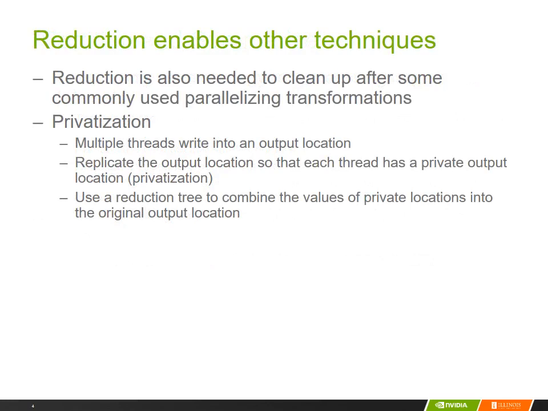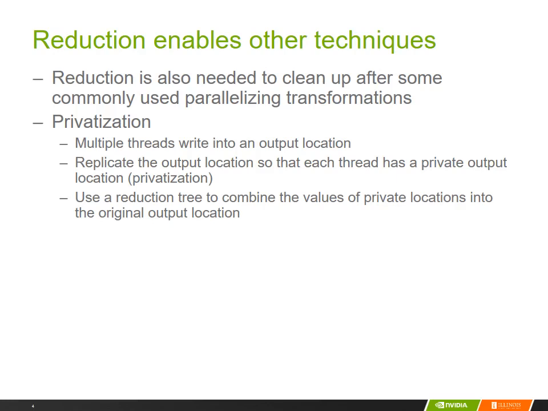Reduction is also used to enable other techniques. For example, we can use reduction to clean up after some commonly used parallelization transformations. A very good example is privatization. We may have a computation where multiple threads write into a single output location.